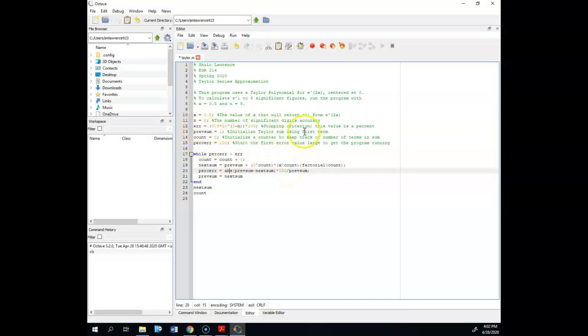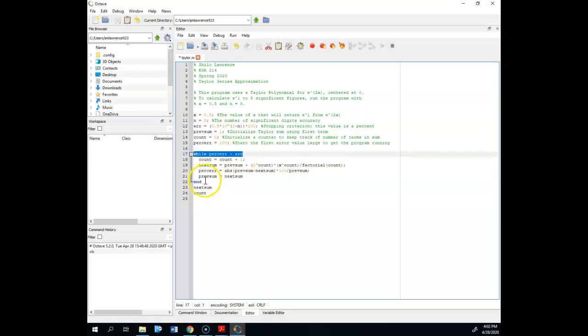Remember, this ERR up here was a percentage, so we want to make sure that we're comparing percents with percents. And then we want to turn our previous sum, which was just 1, it included only one term, we now want this next sum value to replace it. So I have assigned the previous sum to now take on the value of the next sum.